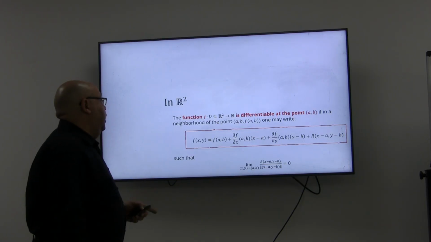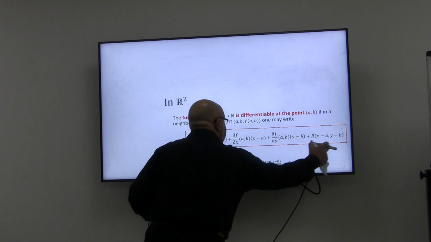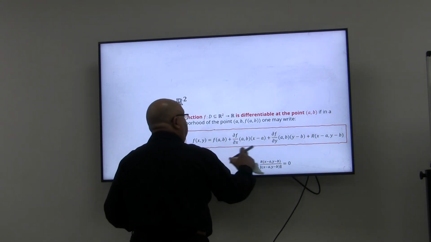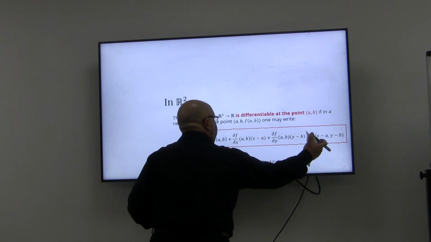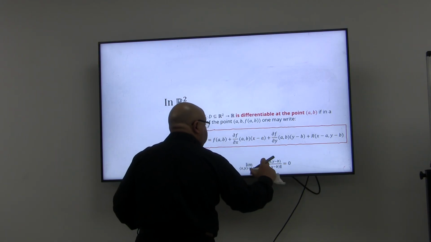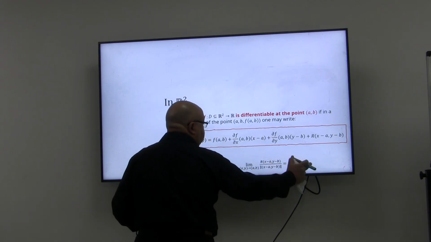So once more, that's the main test for differentiability. I will write this one: I will try to get the value of r, which is the limit as (x, y) tends to (a, b), and test that this limit exists and is equal to 0.